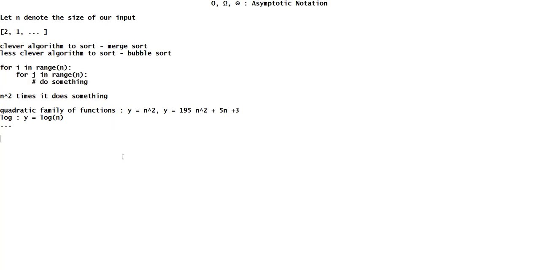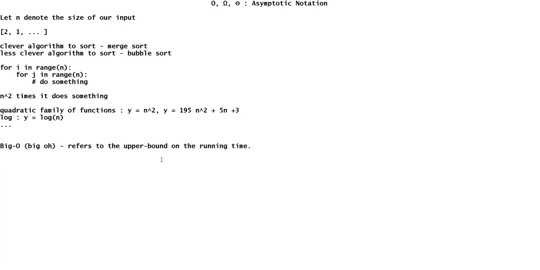And this is where we look at big O or big omega or big theta. We can talk about big O, and this refers to the upper bound on the running time of our algorithm, right?